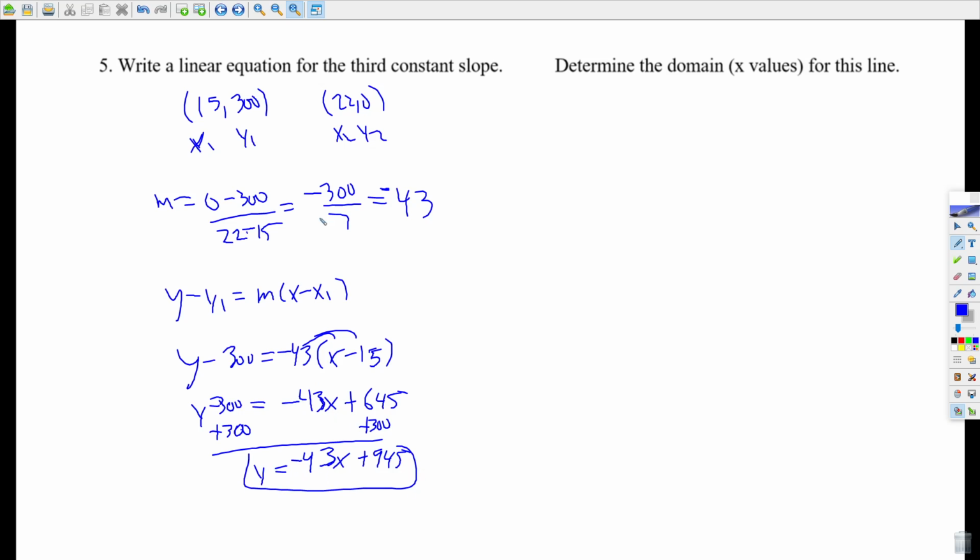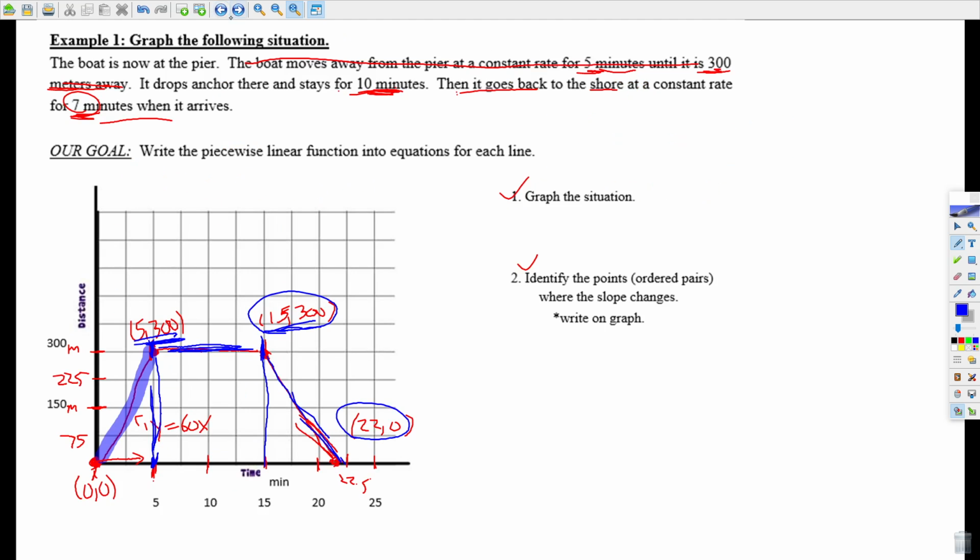So that's the equation. Now if we go back again, we have to figure out from when to when, and that would be from 15 minutes. We go across the x-axis until the 22 minutes that we stopped at.